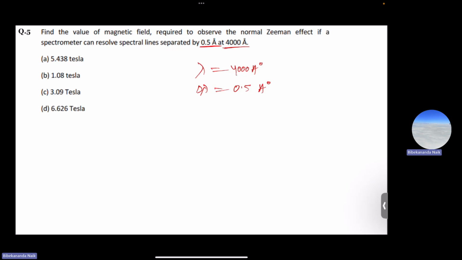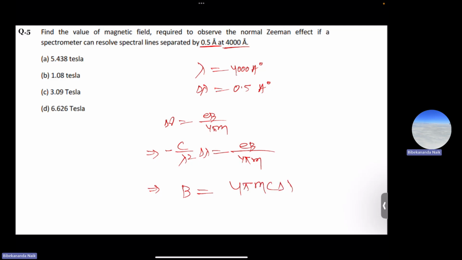So similarly to the previous question, delta nu was eB by 4 pi m, that means c by lambda square delta lambda was eB by 4 pi m. That implies B will be 4 pi m c delta lambda divided by lambda square e.